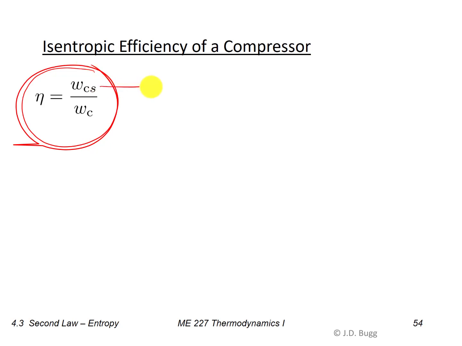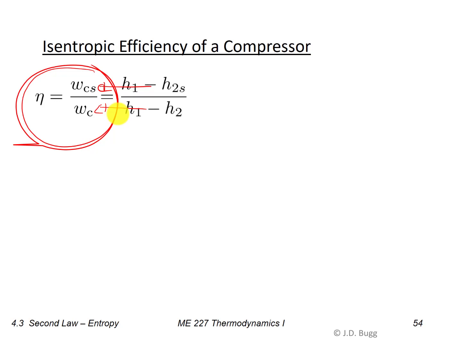Notice the ideal work is now in the numerator, and the real work is in the denominator. That's because now the isentropic work will be smaller. Because if you have a perfect compressor with no irreversibilities, it is going to take less work to compress a substance between 2 fixed pressures than it would take if there were some irreversibilities.